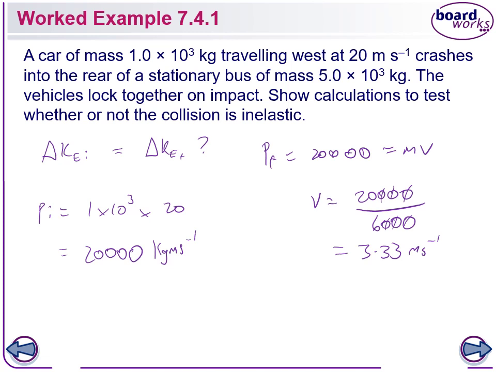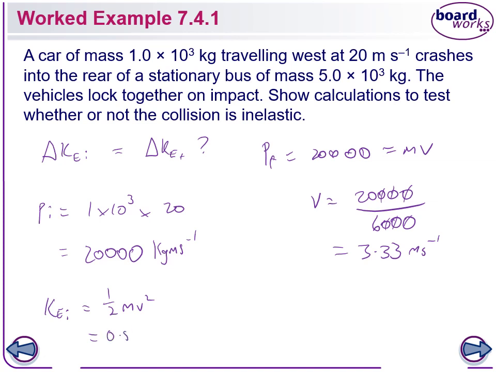So now we have our final speed. We can go back to our initial question. We have our initial speed and our initial mass. We have a final speed and our final mass. So is that kinetic energy the same before and after? Let's work it out. Kinetic energy initially is 1/2 mv squared.